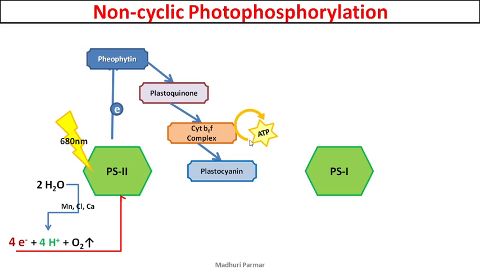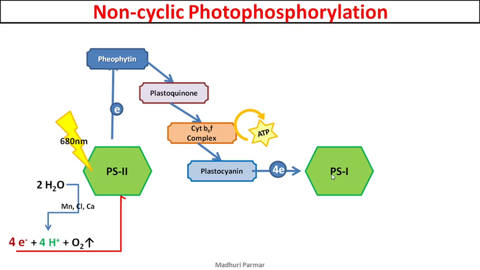Clear? So can you see this is the whole electron transport. From PS2 to pheophytin, the primary electron acceptor, from the primary electron acceptor to plastoquinone PQ, from PQ to cytochrome B6F, from cytochrome B6F to plastocyanin, and now this plastocyanin will give the electrons to PS1, photosystem 1.